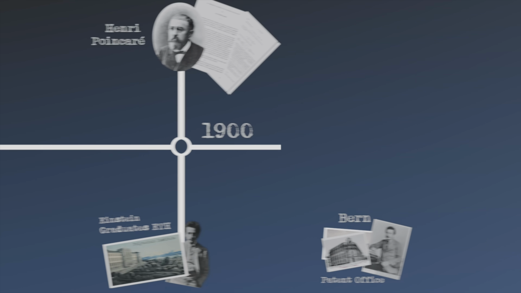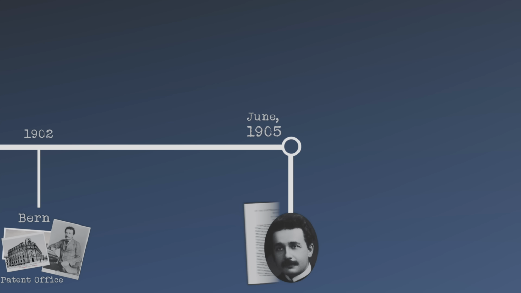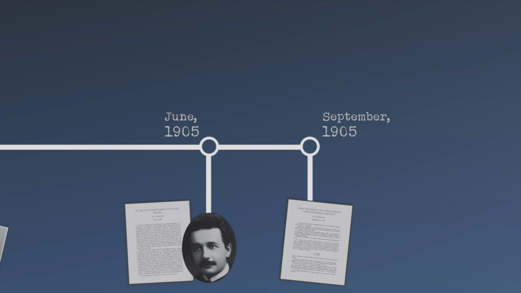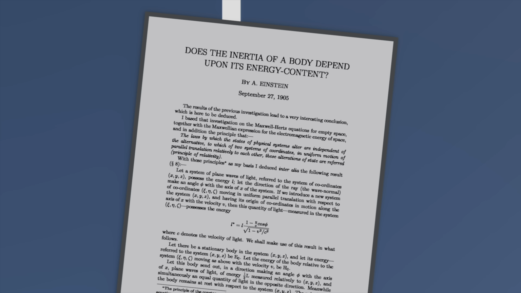Shortly thereafter this first special relativity paper in 1905, Einstein would also publish a second paper, this time on E equals mc², which again proved to be directly lifted from Poincaré's work.